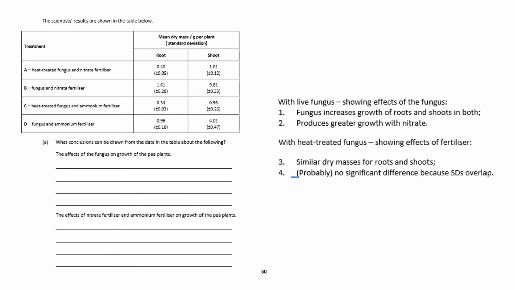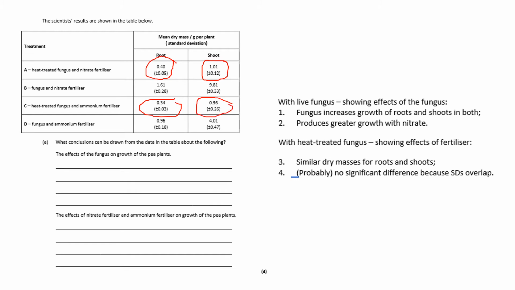Again, if we look at the mark scheme, they're asking you to compare the heat-treated fungi, so you're removing the effect of the actual mycorrhiza, and you are just looking at the effects of the nitrate fertilizer and the ammonium fertilizer. So you have to compare this figure with this figure and this figure with this figure.